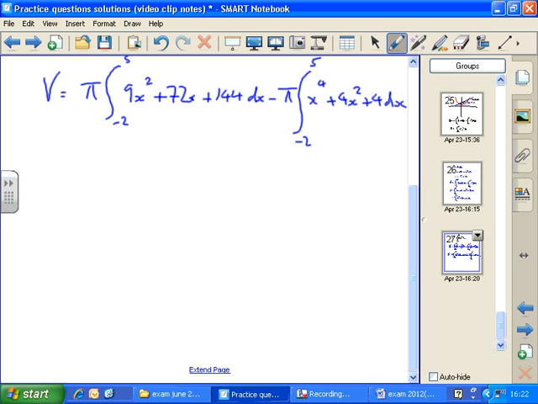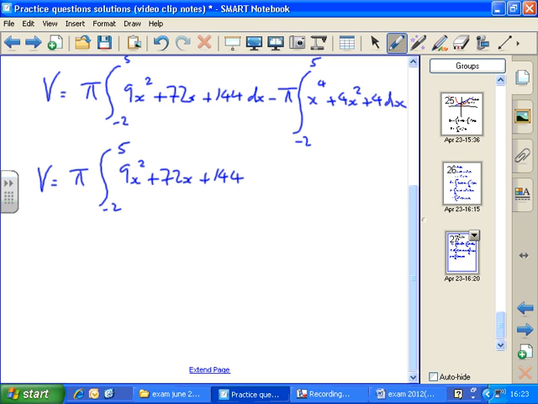Now we could combine these two. So volume equals pi times the integral between minus 2 and 5. Just being careful of the signs. So we've got 9x squared plus 72x plus 144 minus x to the 4 minus 4x squared minus 4 with respect to x. I can combine some of those terms. Minus 2 and 5.